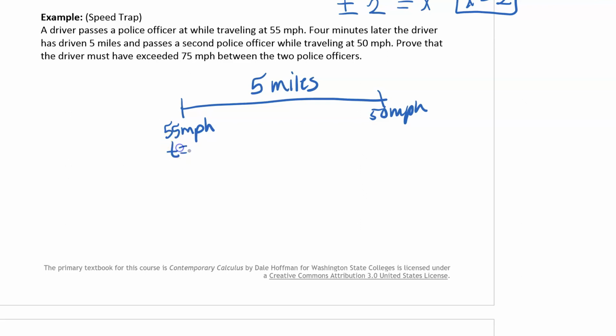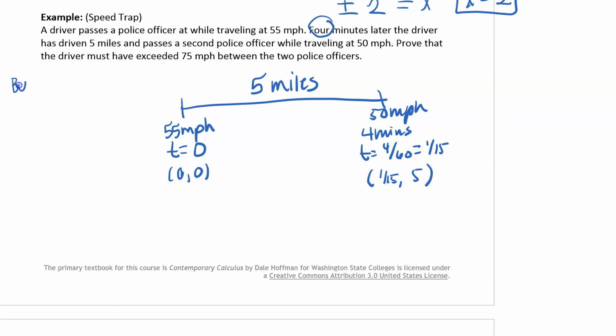Well, this we're going to call time equal to 0. So if 5 miles later was 4 minutes, well, we're in miles per hour, so 4 minutes later would be time equal to 4 over 60, so 1/15 of an hour. This gives me an ordered pair of (0, 0) for time and distance, and an ordered pair of (1/15, 5) for time and distance.